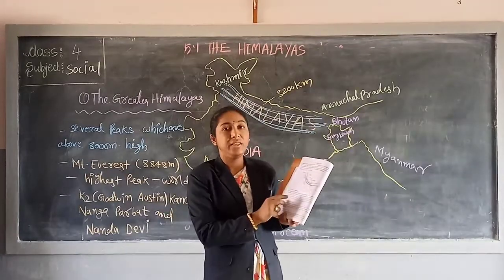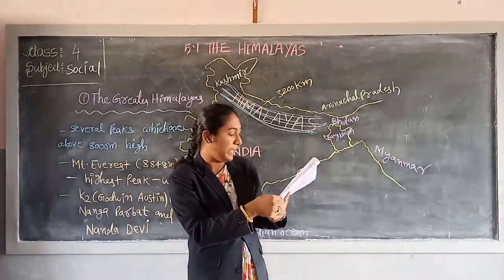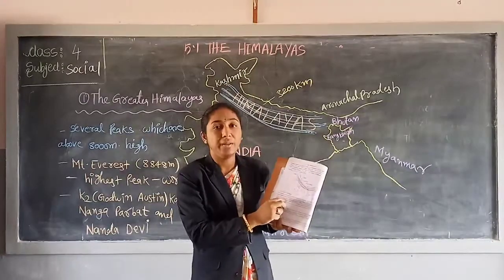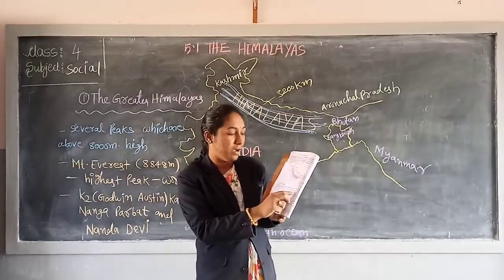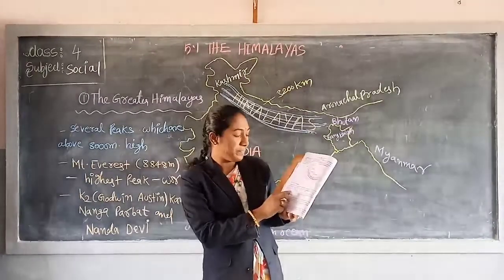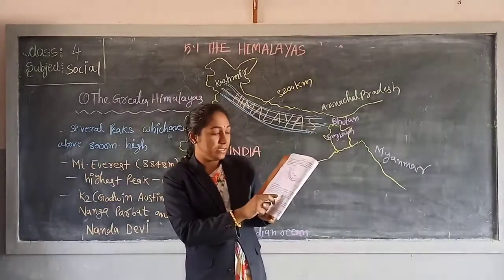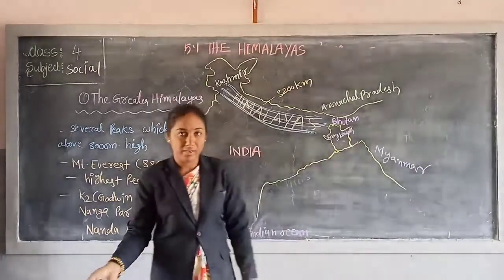Mount Everest, 8,848 meters, is the highest peak in the world. Other important peaks are K2, Godwin Austen, Kanchenjunga, Nanga Parbat, Annapurna, and Nanda Devi. These peaks are snow covered throughout the year.